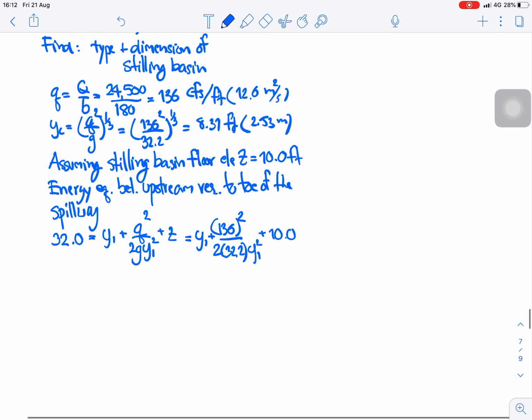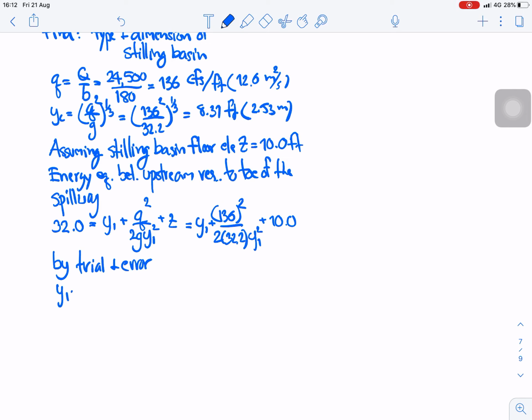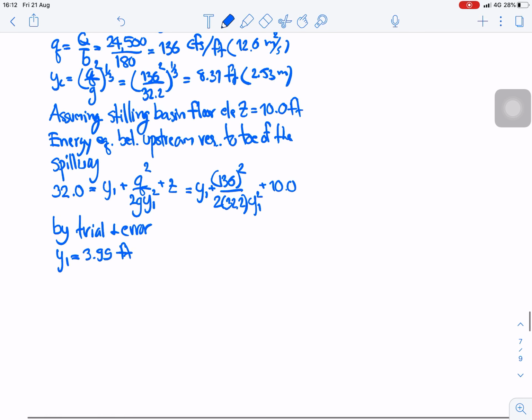The next step is to solve this equation for y1 by trial and error. So we get y1 equal to 3.99 feet or 1.2 meters.